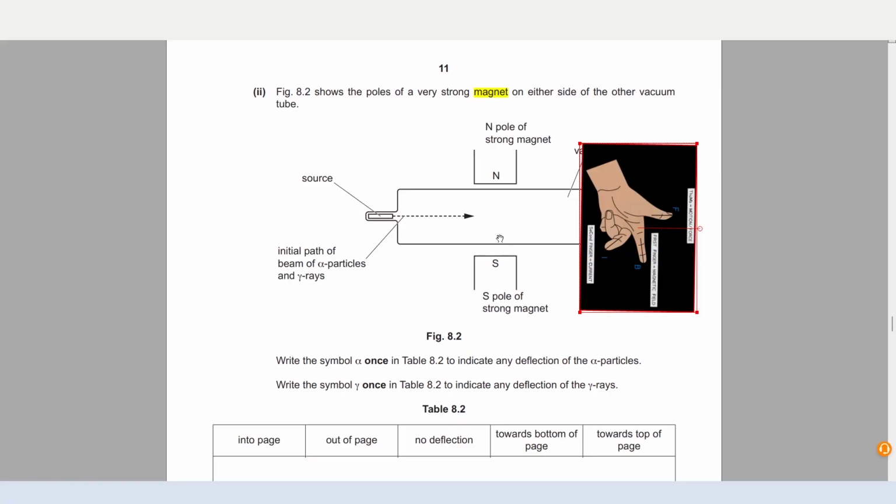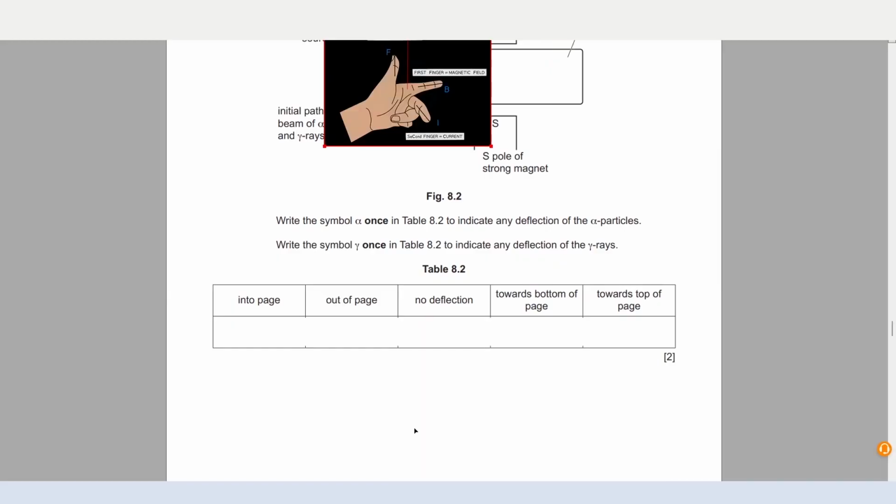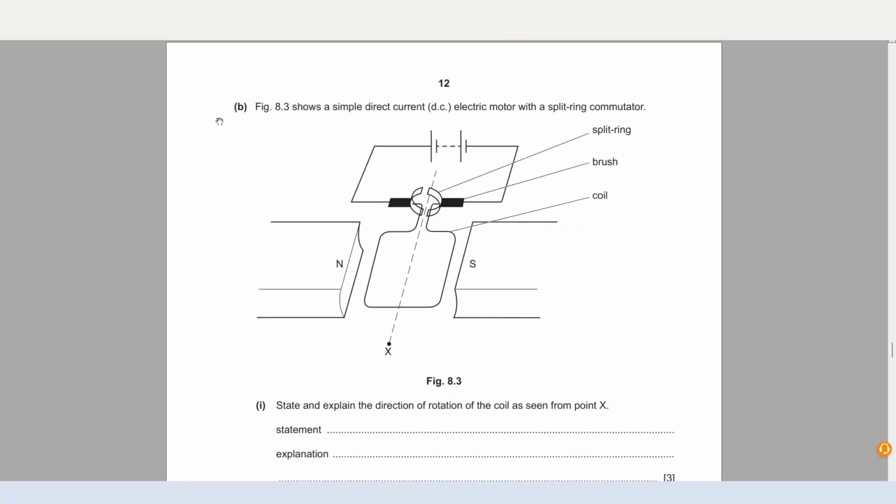Okay, so we can write our answer here, which is going to be into the page. Alpha particles are going to go into the page, and gamma particles are not going to get affected because they don't have any charge.